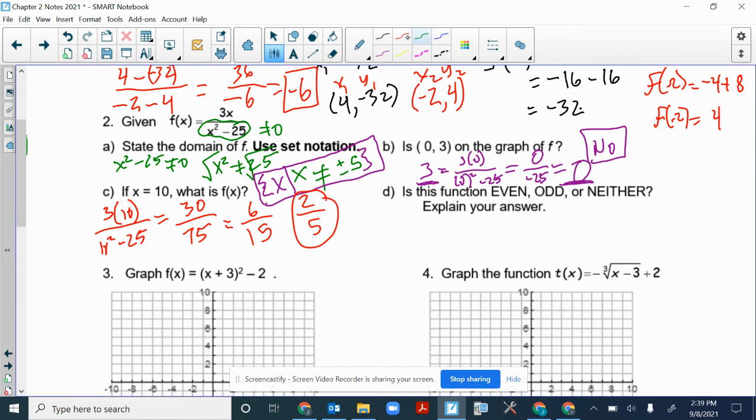All right, so then the last part of this one is even or odd, or neither. And so with even or odd or neither, you substitute in negative x. So when you do that, you simplify what you have. Now, the most common mistake is with dealing with fractions: when you simplify, technically a fraction is opposite.